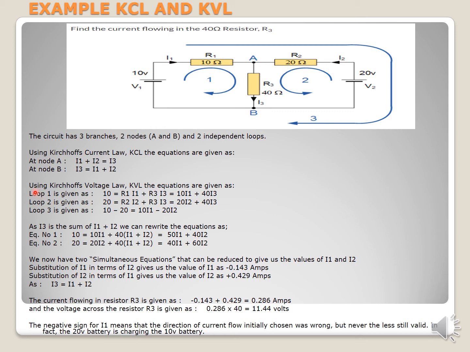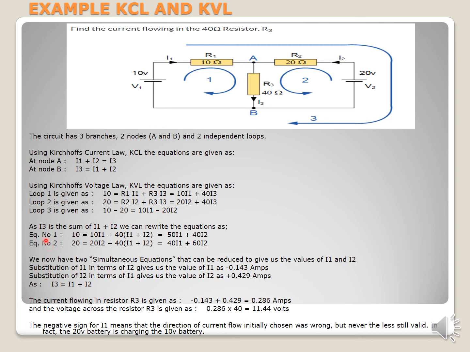So, using Kirchhoff's voltage law, KVL, the equations are given as, loop 1: 10 equal to R1 I1 plus R3 I3, equal to 10 I1 plus 40 I3, and loop 2 is given as 20 equal to R2 I2 plus R3 I3, equal to 20 I2 plus 40 I3, and loop 3 is given as 10 minus 20 equal to 10 I1 minus 20 I2.